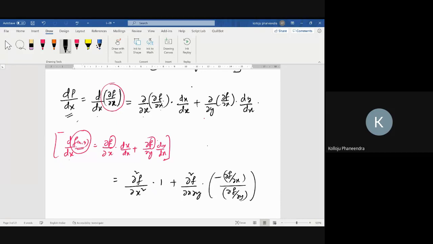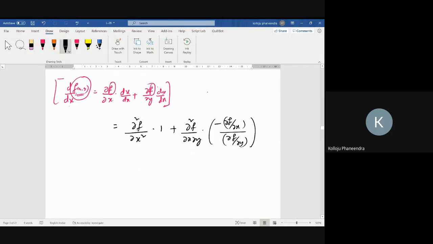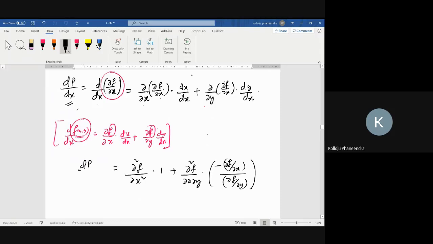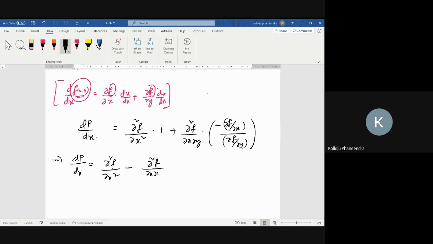Finally I'm getting the dp by dx value. This implies dp by dx equals dou square f by dou x square minus dou square f by dou x dou y into dou f by dou x by dou f by dou y.